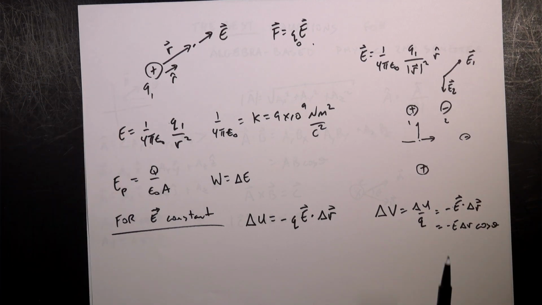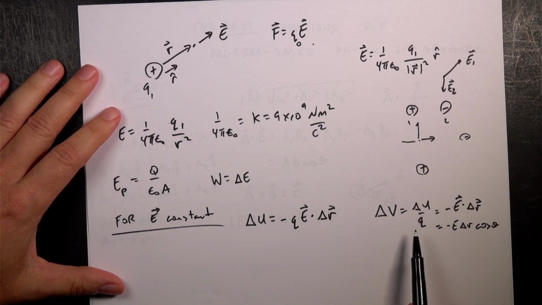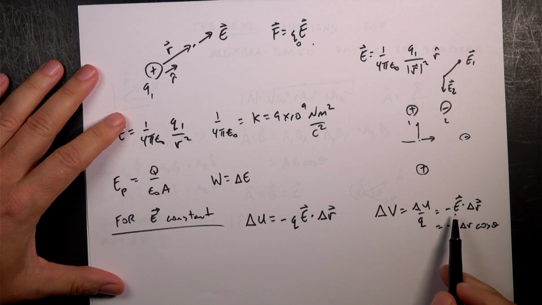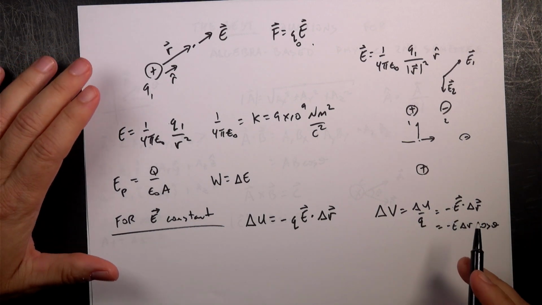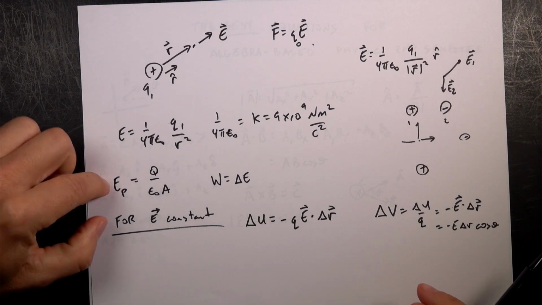That is only true for constant electric fields. If the electric field is not constant, you cannot do that. Do not do that. I see that mistake a lot. A lot of people say, oh, delta V is ES, where S is the displacement. That's true if the electric field's constant, and that's why you have this electric field due to the plates.